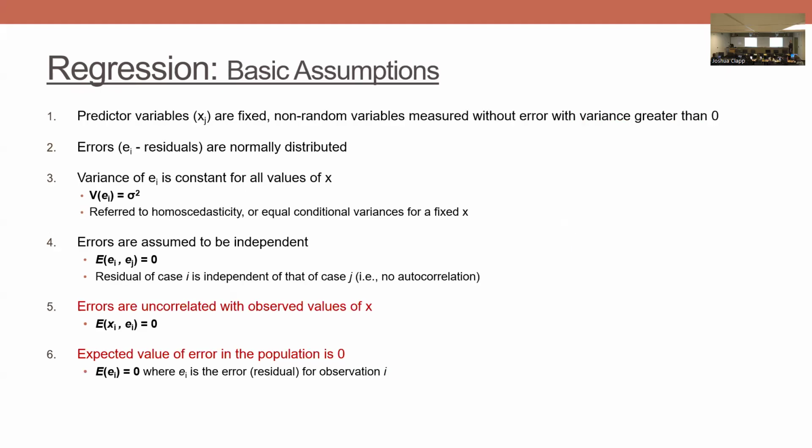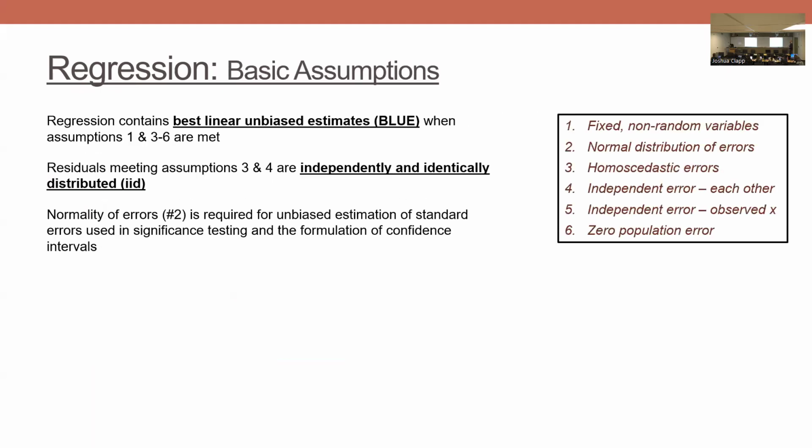So if we're thinking about some basic terminology within regression, this is important to know because you'll see this in the literature: our regression models contain the best linear unbiased estimates. You hear these referred to as BLUE when assumptions 1, 3, and 6 are met.